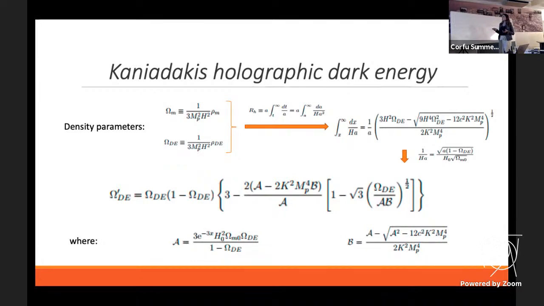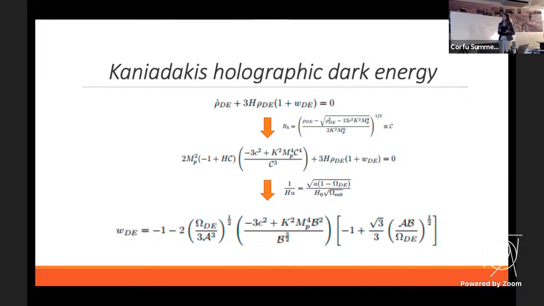After some calculations, we can obtain the derivative equation of dark energy density, and of course we define here A and B parameters. Here we use the conservation law for dark energy density.